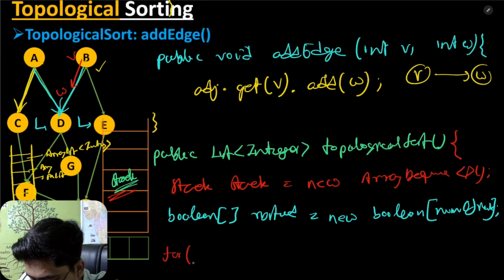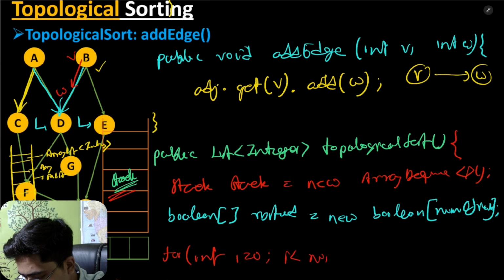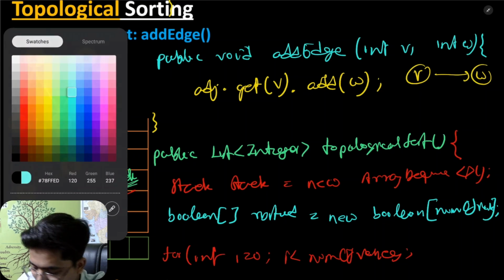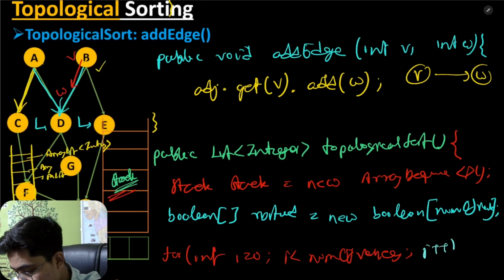We'll be using a for loop: for integer I equals 0, I less than number of vertices, I plus plus.